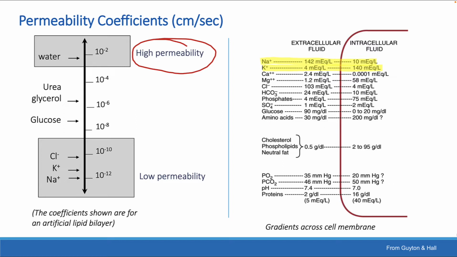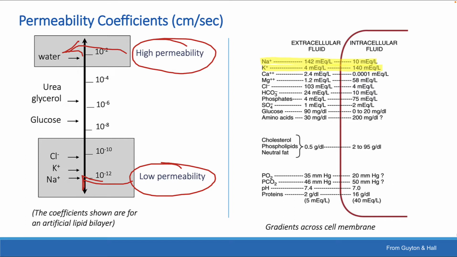But things like the electrolytes have a very low permeability. It takes a lot to get those across. And in fact, we have to have a different method because the permeability is so low. Then there's things in the middle like urea and glycerol and glucose and things like that. Okay? High permeability for water, low permeability for electrolytes.